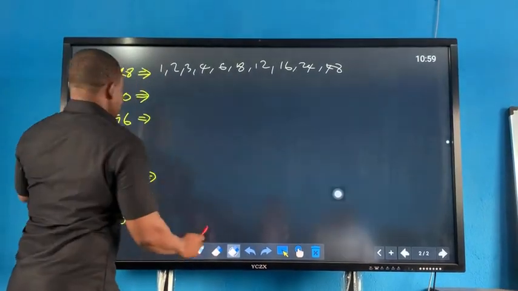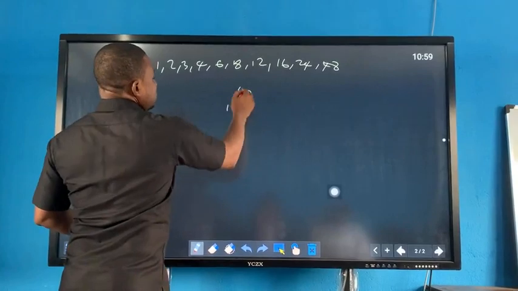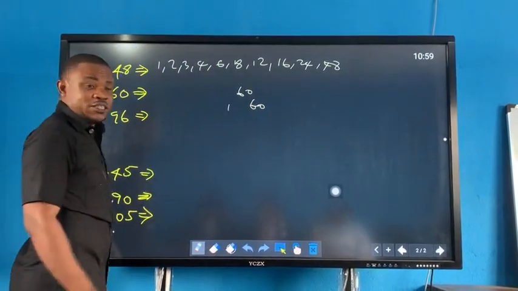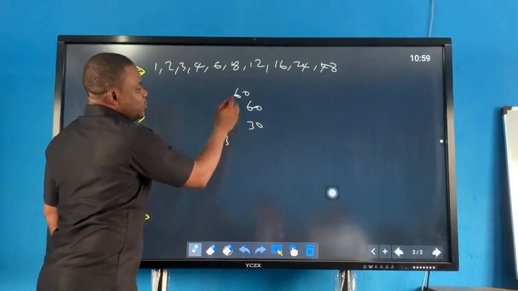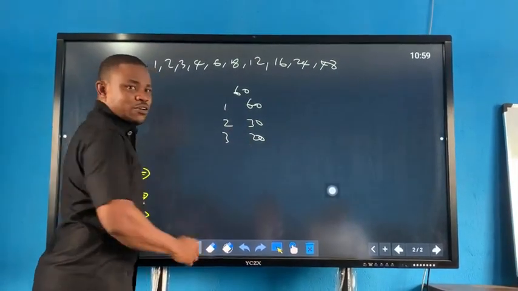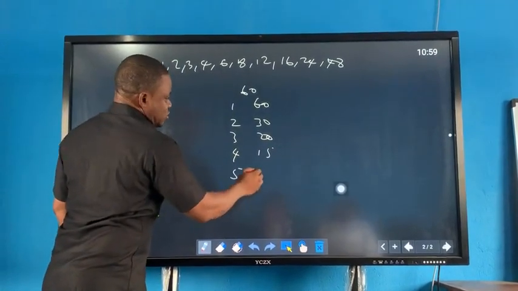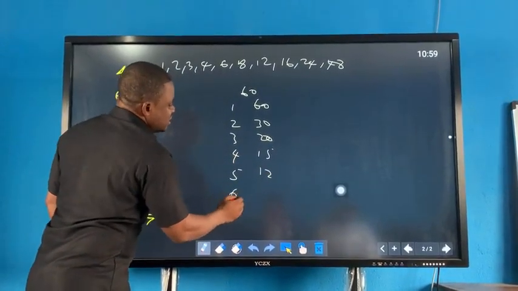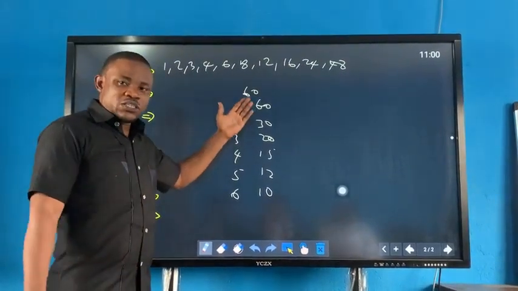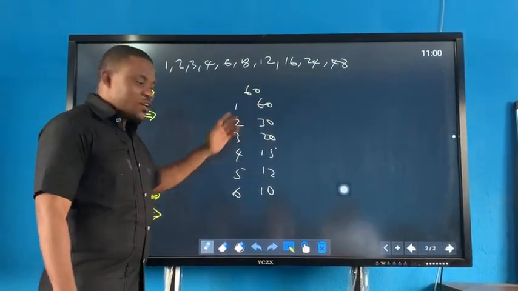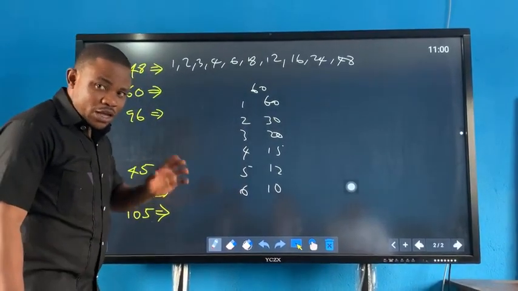Now for 60, very quick. 1 into 60 is 60. 2 into 60 is 30. 3 into 60 is 20. 4 into 60 is 15. 5 into 60 is 12. 6 into 60 is 10. 7 cannot go into 60. 8 cannot go into 60. 9 cannot go into 60. I already have 10 here, so I stop. Are you with me?